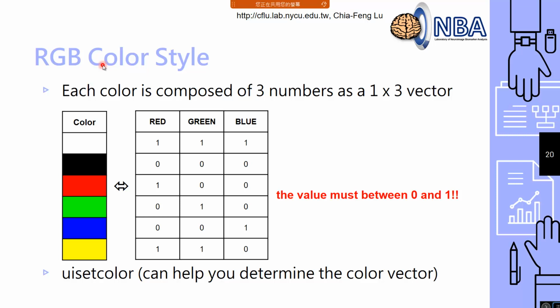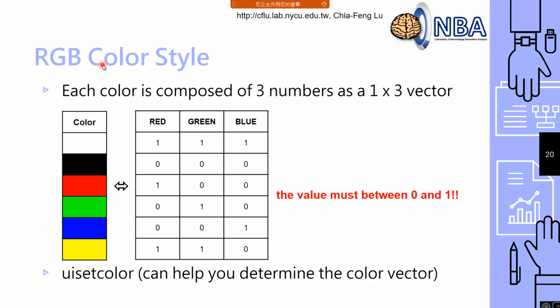RGB vector. So you can see the sentence right here. Each color is composed of 3 numbers as a 1 by 3 vector. Again, the first element represents the component of the red. The second element would represent the color of green.